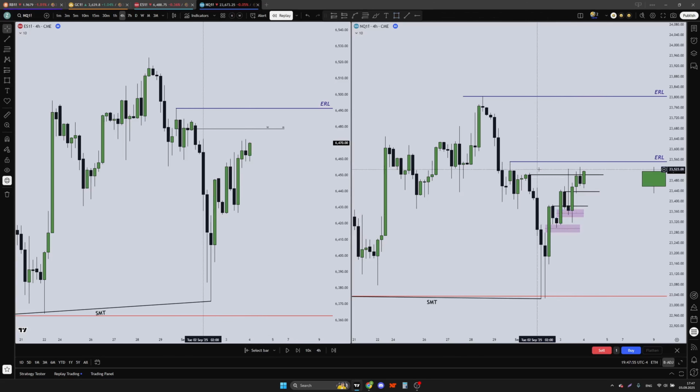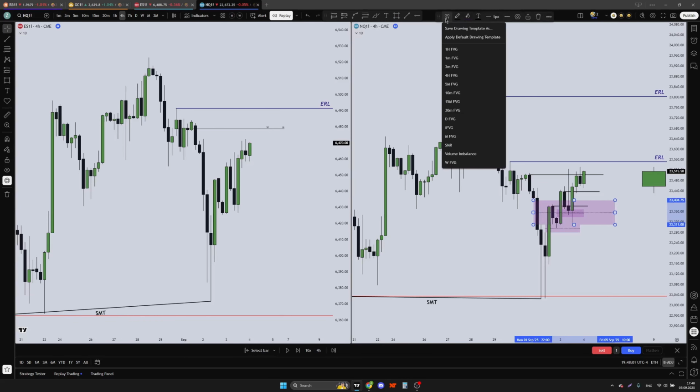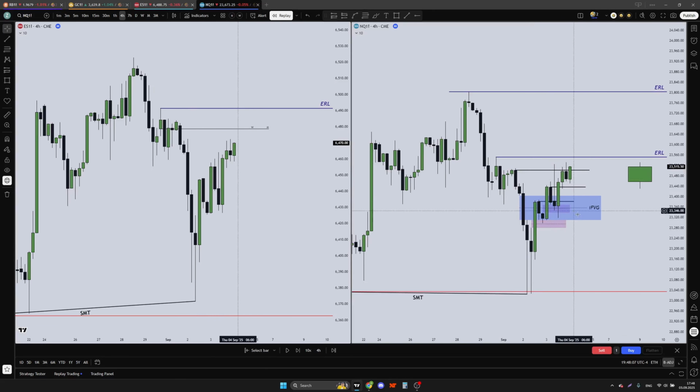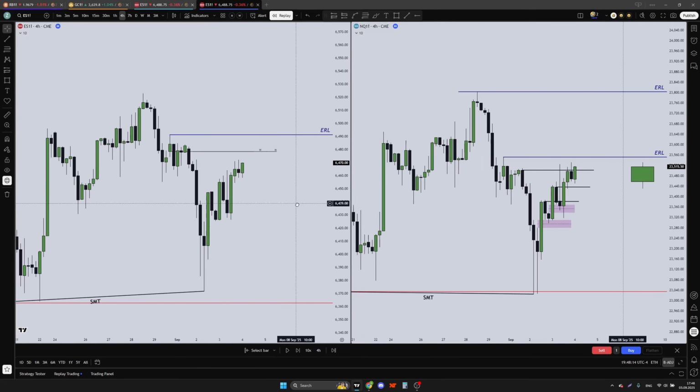And price is respecting all of those fair value gaps. And on the opposite side of the curve, we are disrespecting this CB. So we are not offering lower prices from that key level. In fact, we are going and trading higher, right?